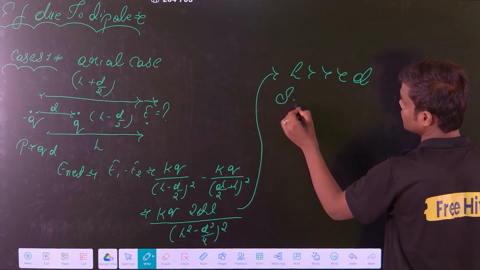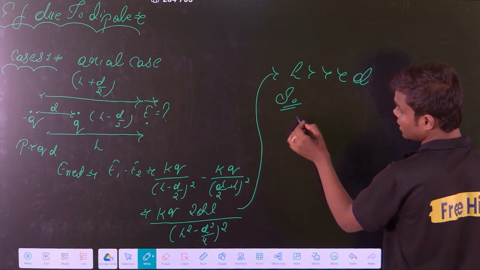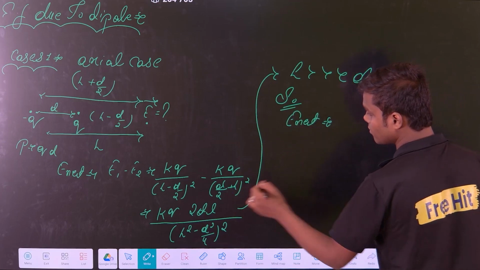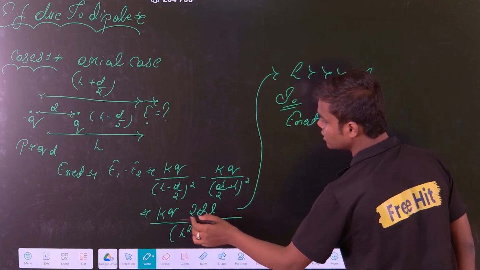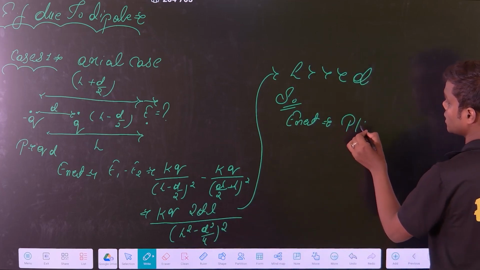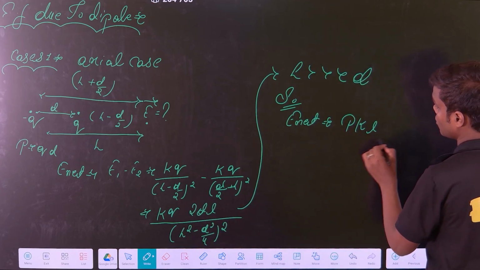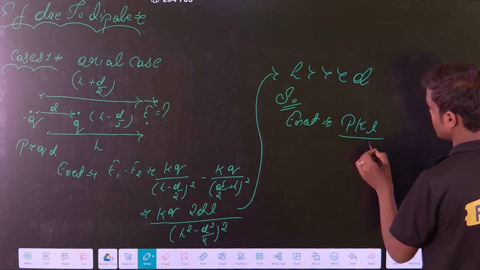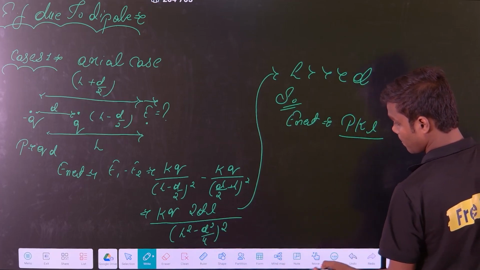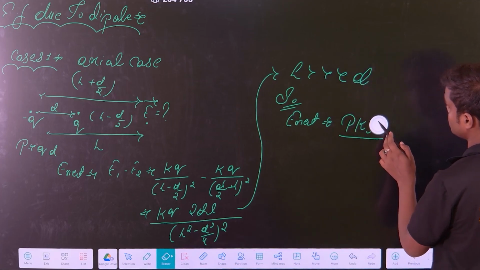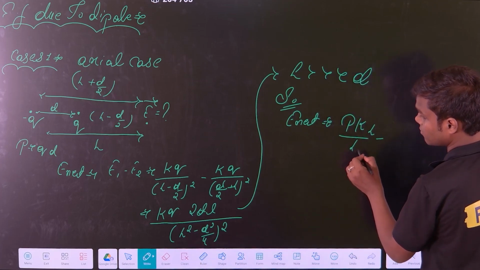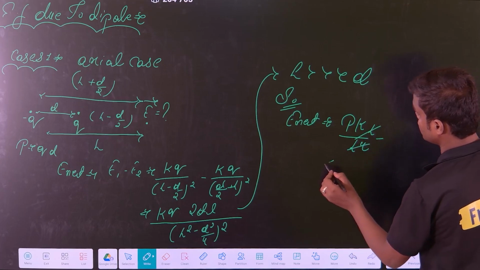So we can say my E net will be how much? See, Q into d is p. So Kp, L upon, I can neglect this d by 4, so this will become L to the power 4. This L will cancel out.